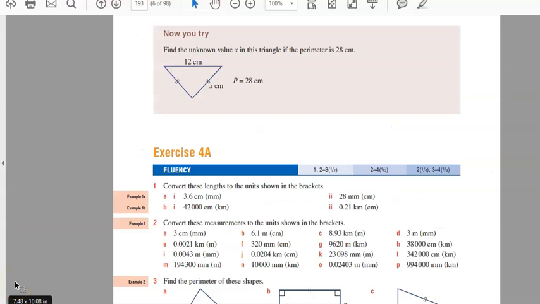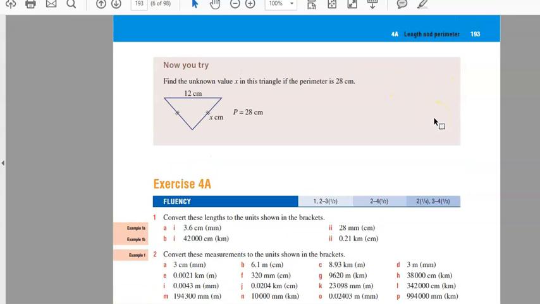Now, the exercise that you'll be doing is exercise 4A. This textbook will be left on Compass within the topic of measurement. So head on to Compass Resources and look for the measurement folder. Within there, you'll find the textbook. You're going to turn to exercise 4A, which is page 193.